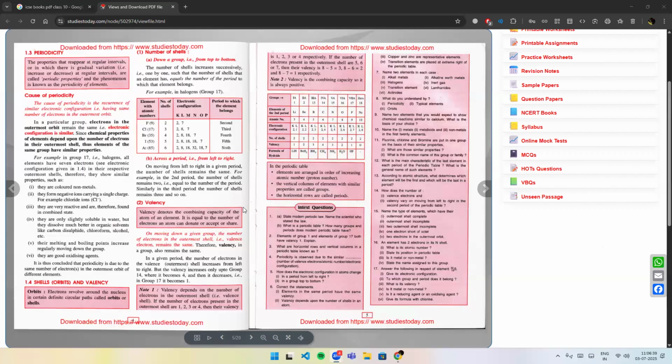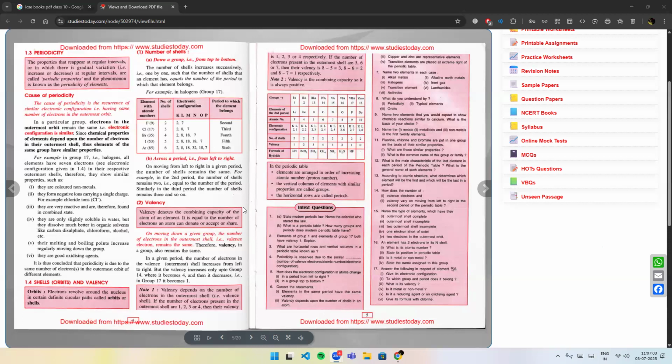Valency. Valency denotes the combining capacity of an atom of an element. It is equal to the number of electrons an atom can donate or accept or share. On moving down a group, the number of electrons in the outermost shell, that is, valence electron, remains the same. Therefore, valency in a group also remains the same.